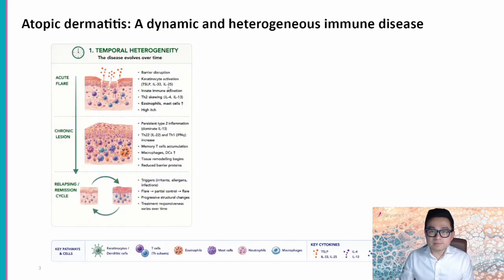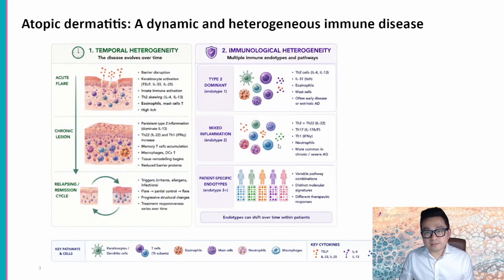As the disease becomes more chronic, type 2 inflammation persists, particularly IL-13, but the inflammatory environment can broaden. Th22, Th1, and in some patient groups, Th17 associated pathways can also contribute. These can be defined as endotypes, and endotypes can shift over time within patients.